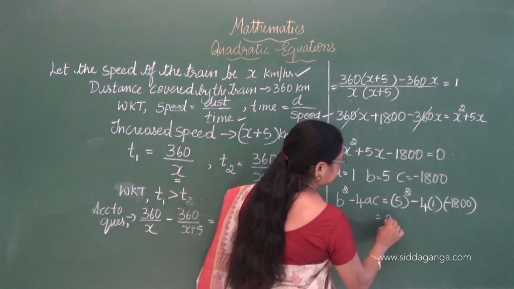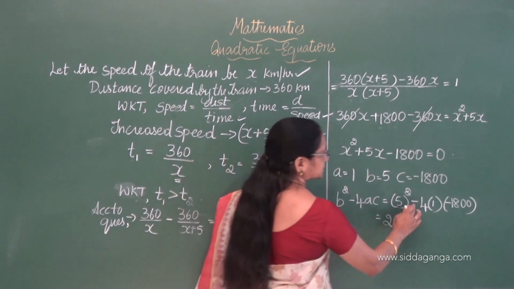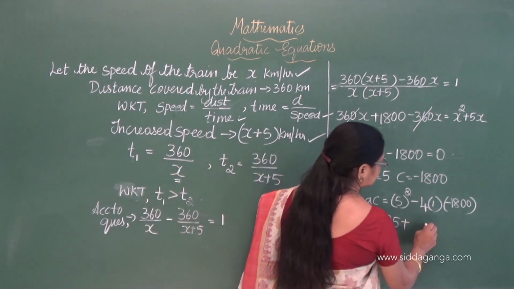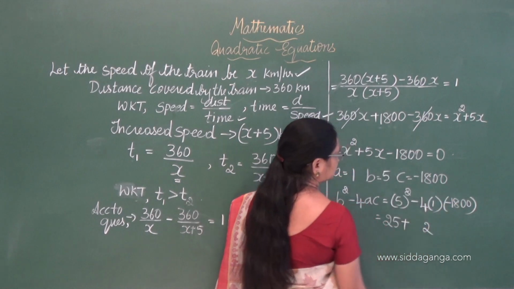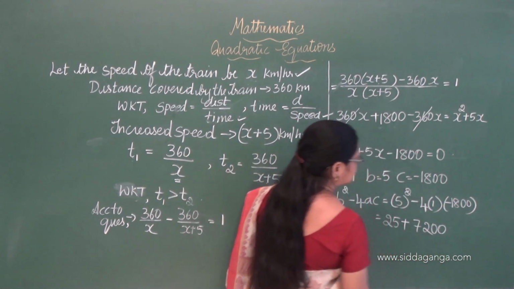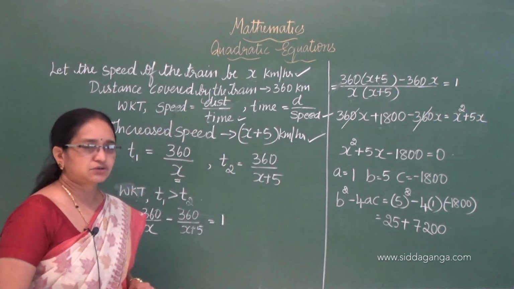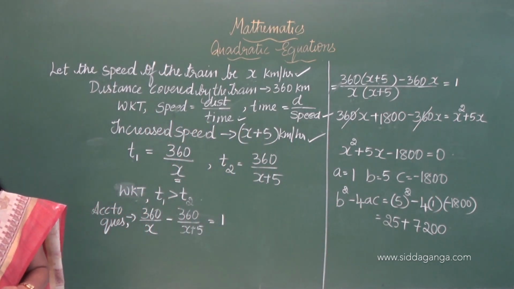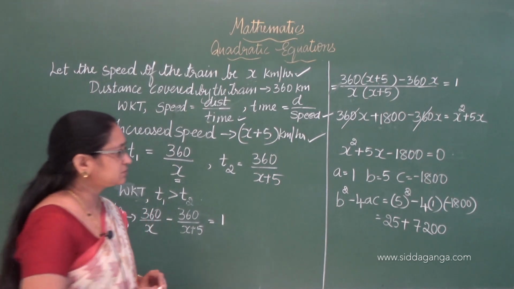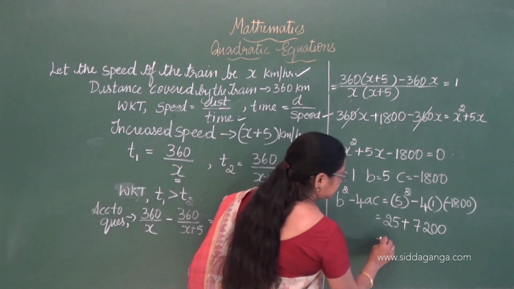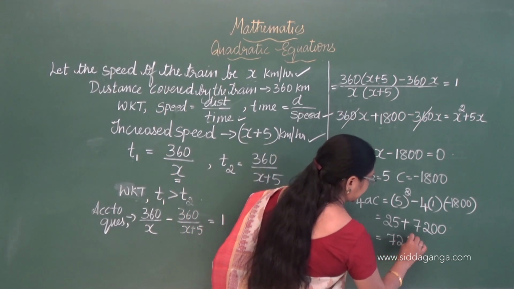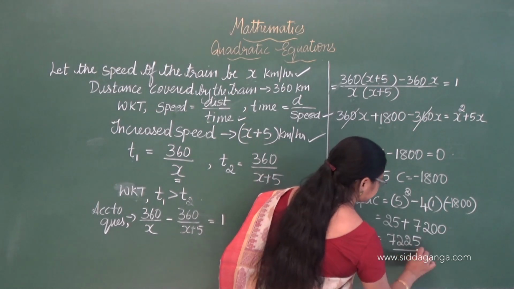5 5s are 25, minus into minus plus, 4 into 1800 is 7200. Just check, 7200. Now when you add, this will become 7225.